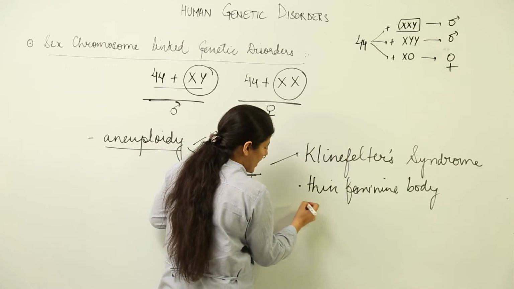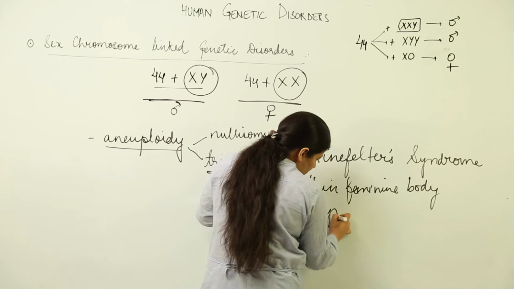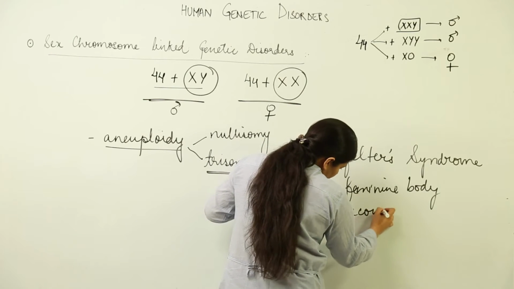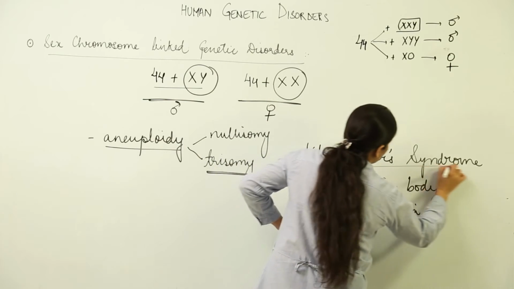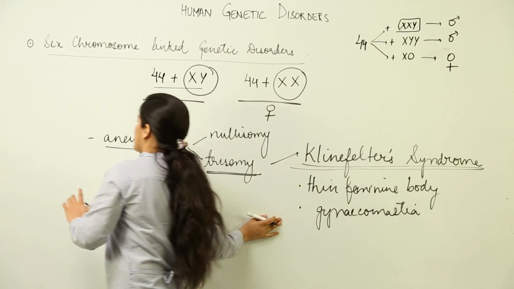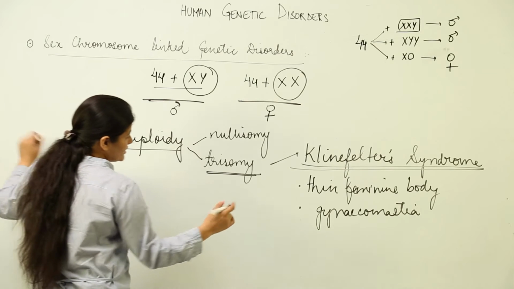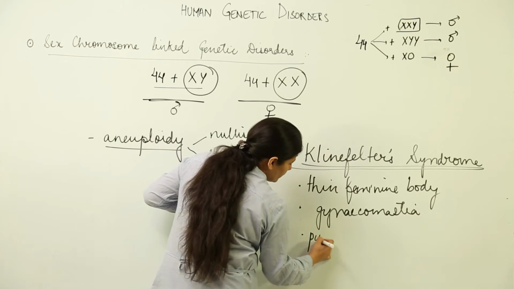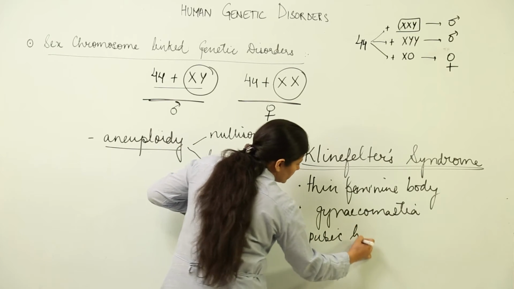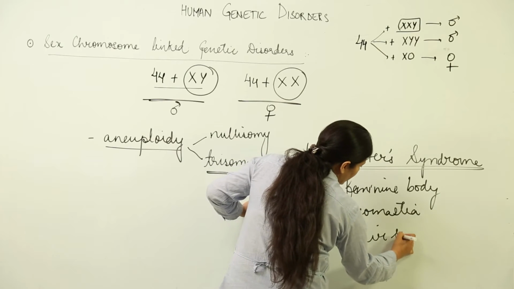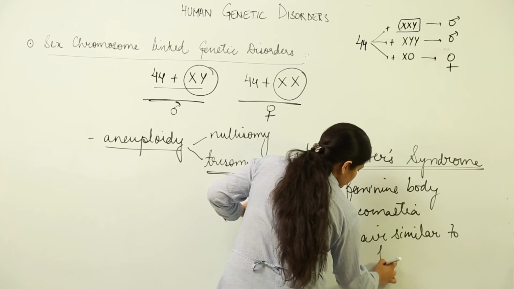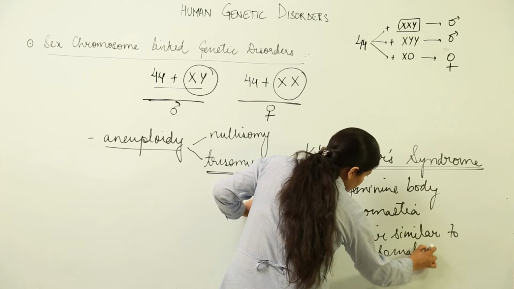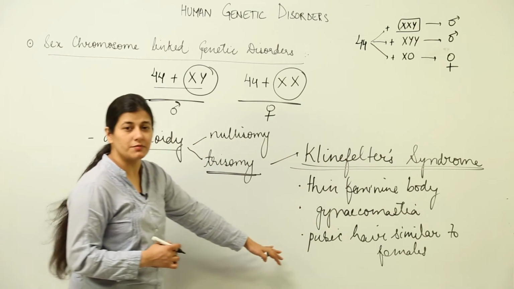Then we have gynecomastia, that is development of breasts. Apart from that, the pubic hair growth will be similar to that in females. So, these are the characters which are visible.